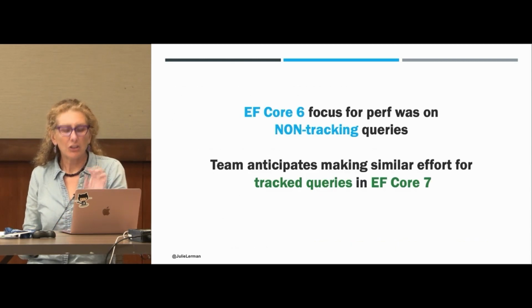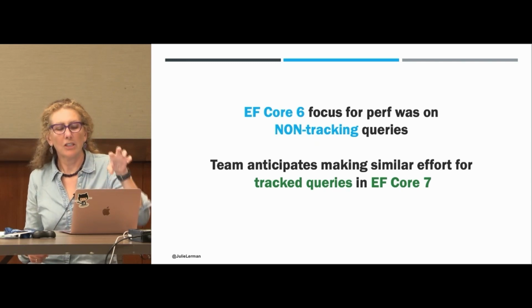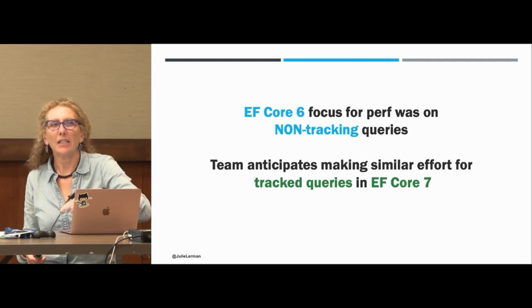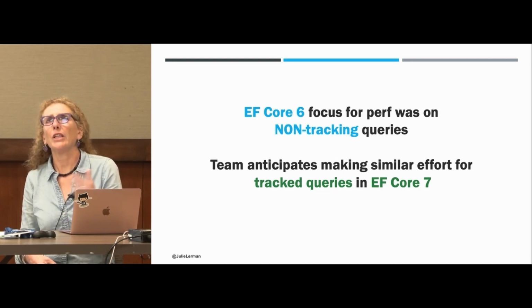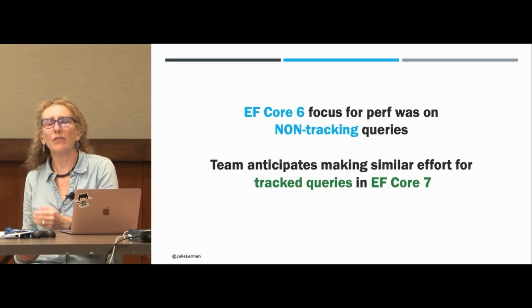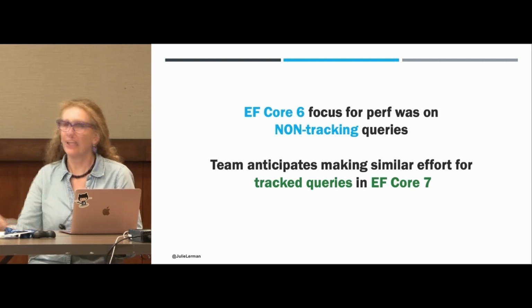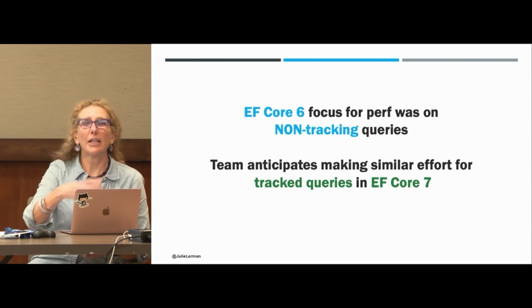Again, just making sure you're clear that all these tweaks focused on non-tracking queries, okay? They said that what they were hoping to do with EF Core 7 was start focusing on the tracking queries, take all the things they learned with this performance improvement and start applying them.